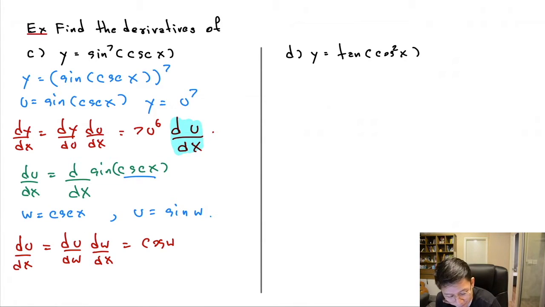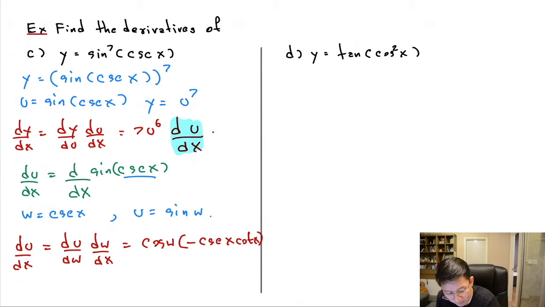So we have here, it will be minus cosec x cot x. Cosec is actually 1 over sine, right? So what I have here is minus cos w. Okay, I'll just leave it like that.